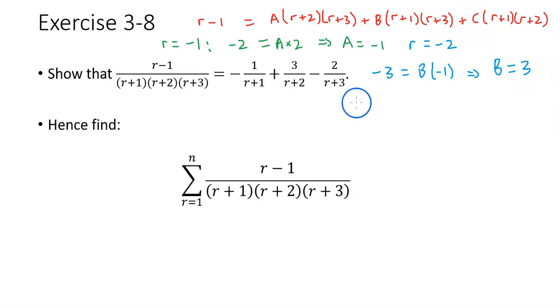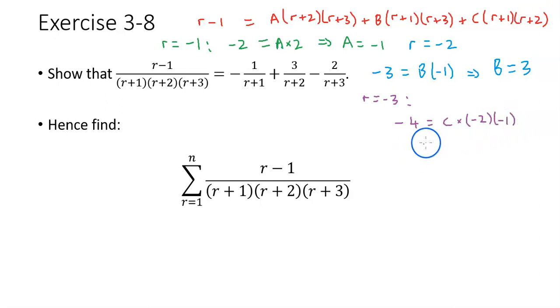And then finally we do the same thing for c, except this time we take r equals negative 3. So if we take r equals negative 3, we get negative 4 is equal to c times negative 2 times negative 1.